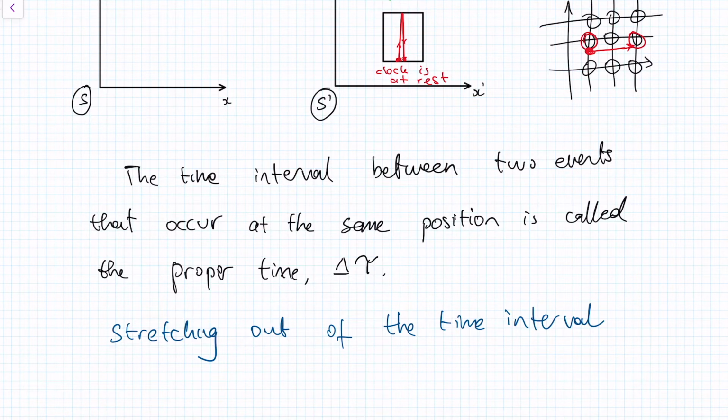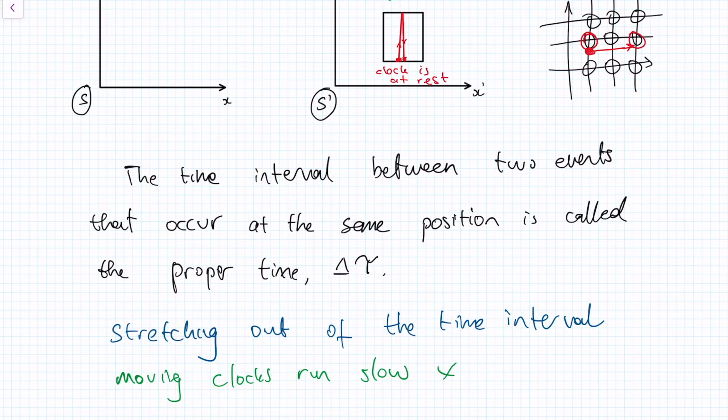But one needs to be very careful, because very often in physics textbooks time dilation is described as moving clocks run slow. Okay, this is not the best description of what is happening here. I think a better description is that the time interval between two ticks is the shortest in the reference frame in which the clock is at rest.